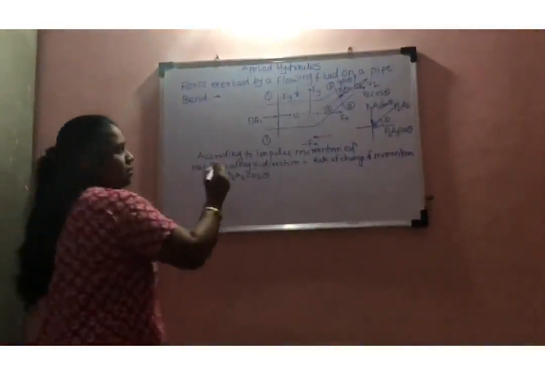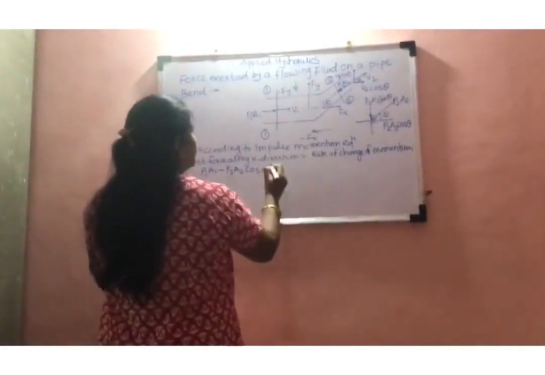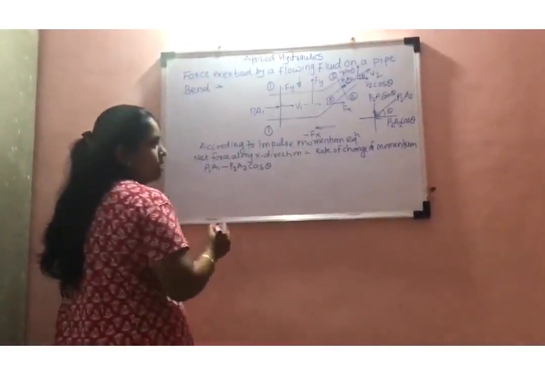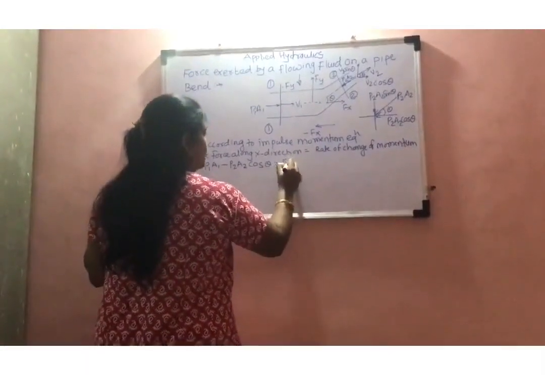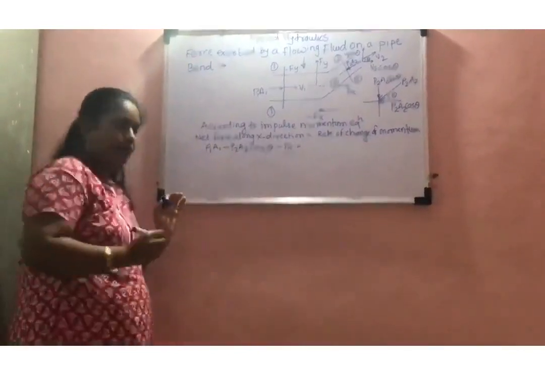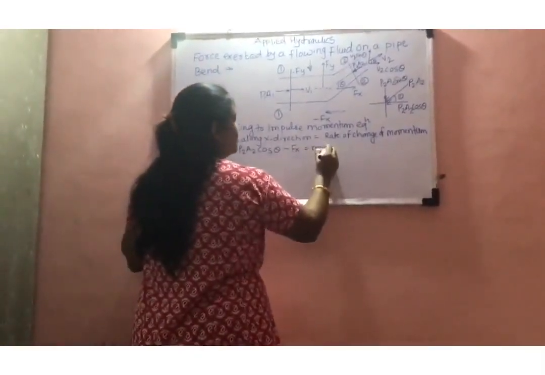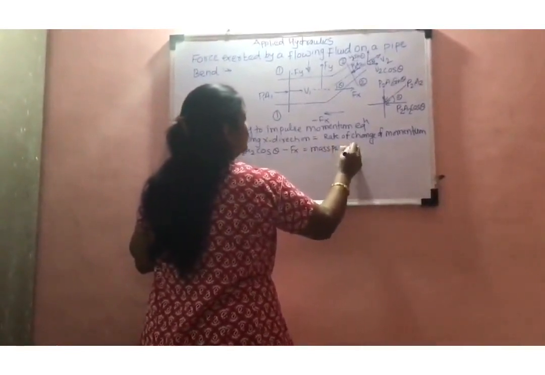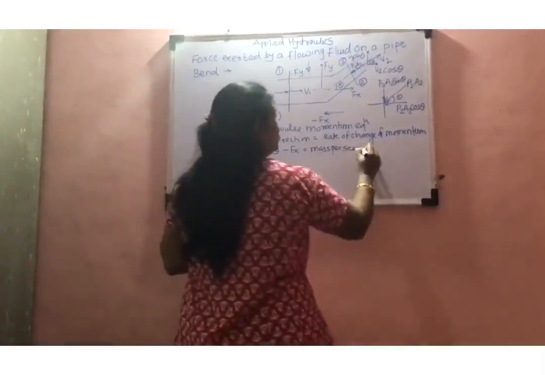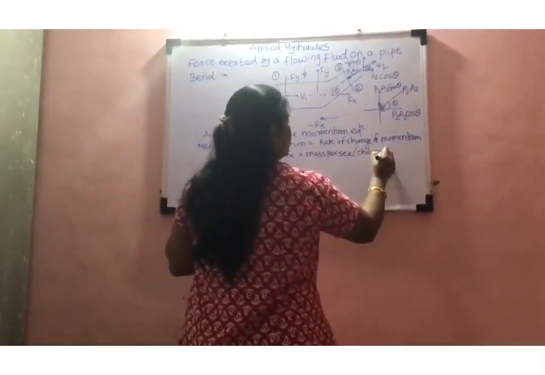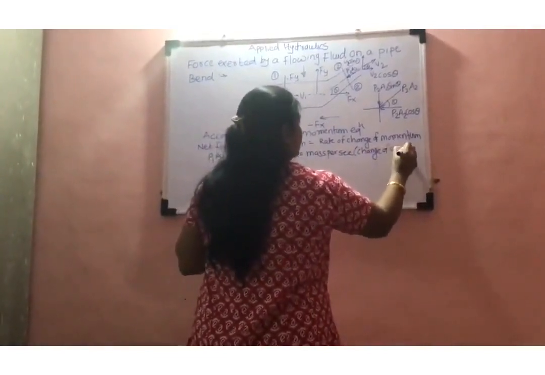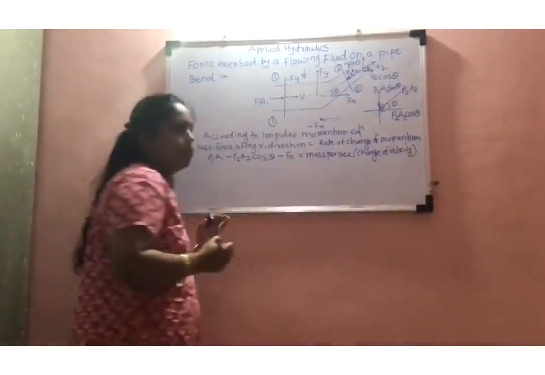Then here, this reaction along the x direction, that is minus Fx, is equal to mass per second into change in velocity, that is the rate of change of momentum.